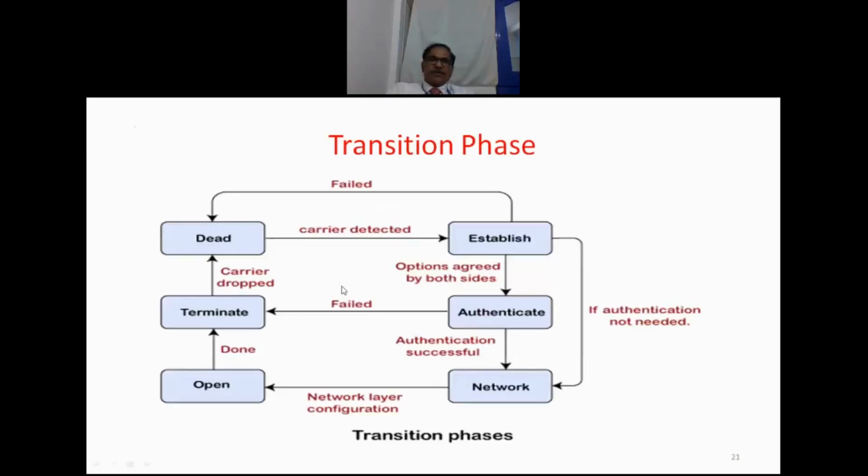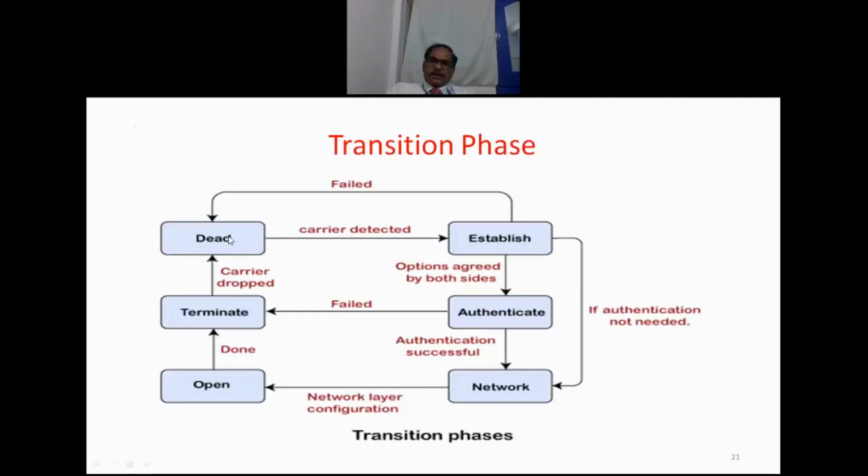When it comes to the transition phase, every link between a sender and receiver, it could be any sender or any receiver. Initially what will happen is the idle state. Here we are calling it a dead state, but we can take it as the idle state. No activity is happening in this.